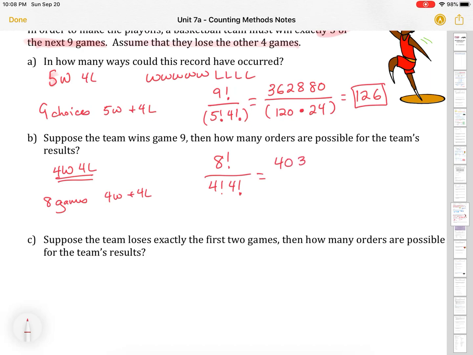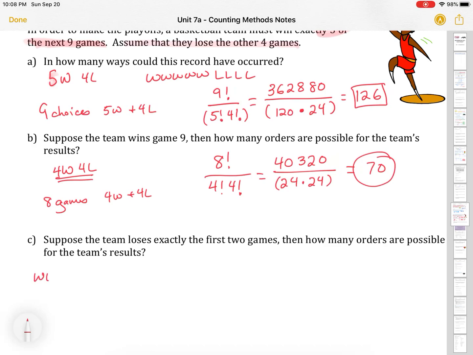So 8 factorial is going to give us 40,320 all over 24 times 24. And when we multiply that through, we'll get 70. So there's 70 different ways if we assume they have to go to the 9th game for their last win.